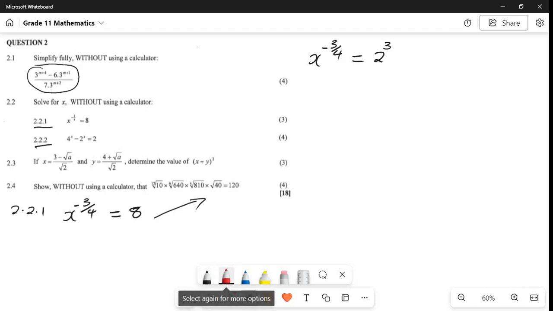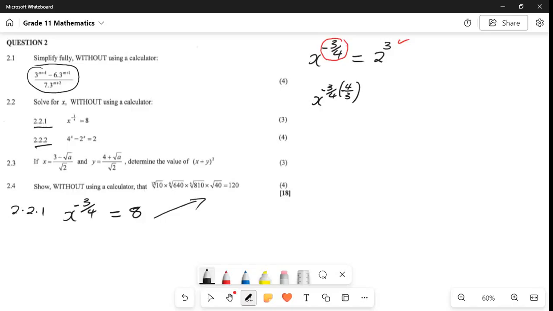We need to reciprocate this exponent, and what we do on this side, we also do on the other side. So reciprocating this exponent means we are going to write x to the power 3 over 4 multiplied by 4 over 3.